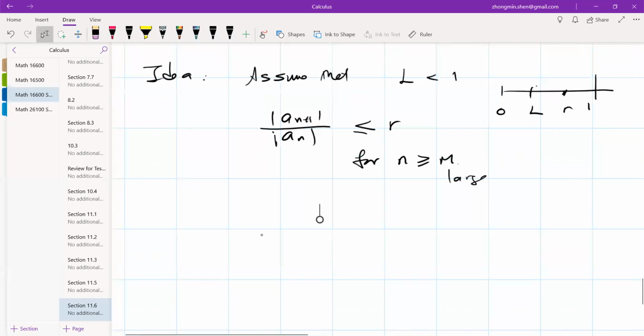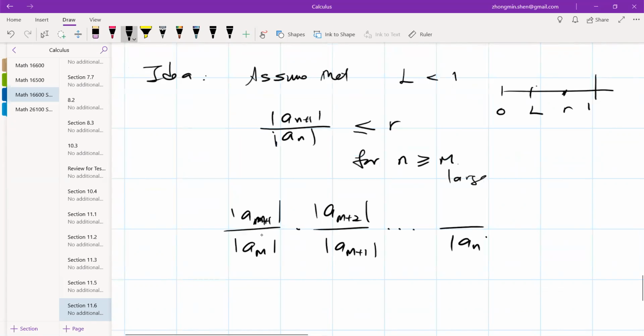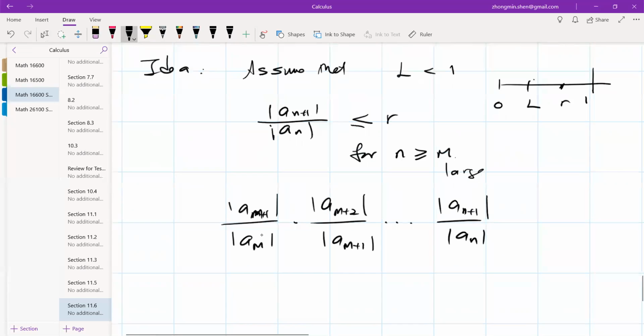Then you get something like a geometric series, because this is true for any n larger than capital M. So how about for M? Begin with capital M, then this is also a_{M+1}, a_{M+2}, and so on, up to a_{n+1}.